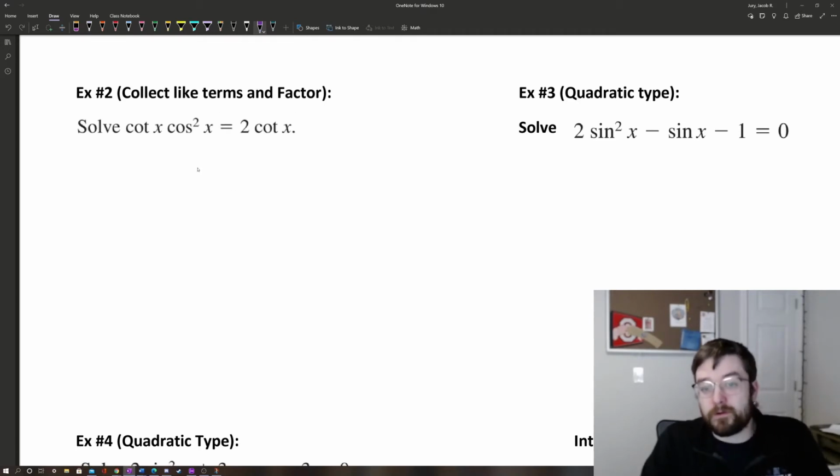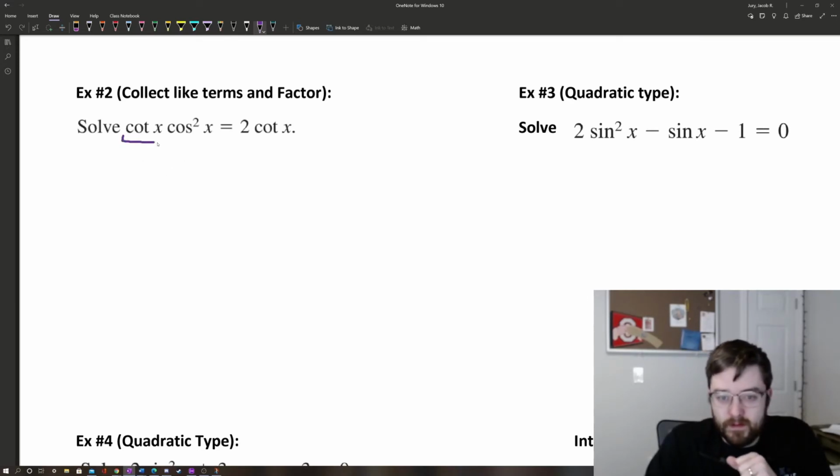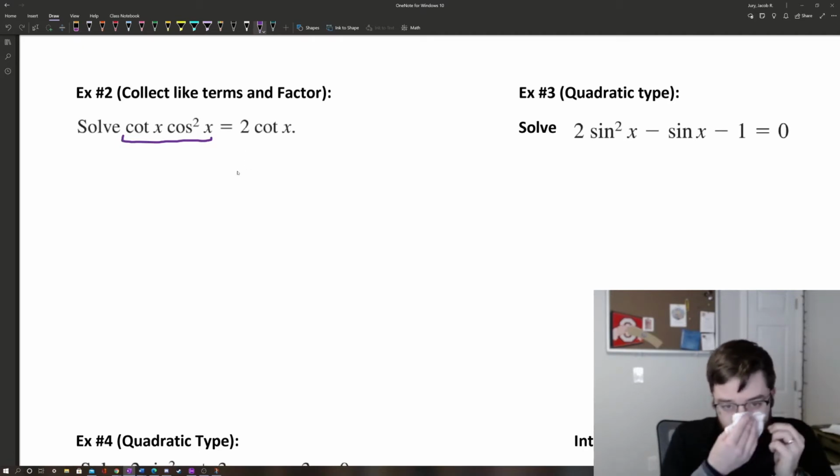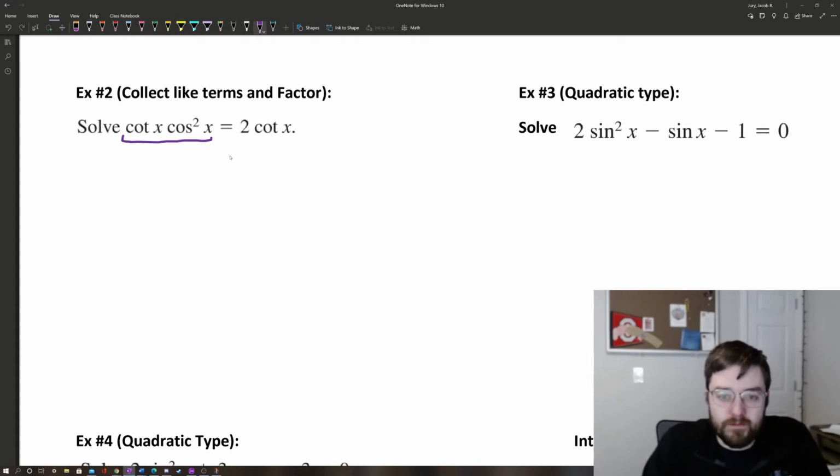Okay, this second example has a pretty nasty trig term on the left, and it seems like we have to do the same thing we did in the first problem and try and isolate from there.